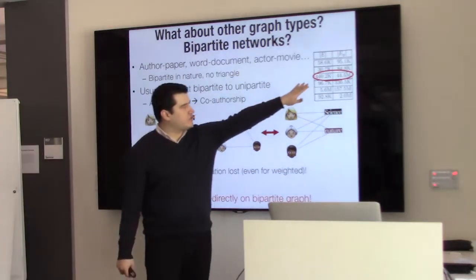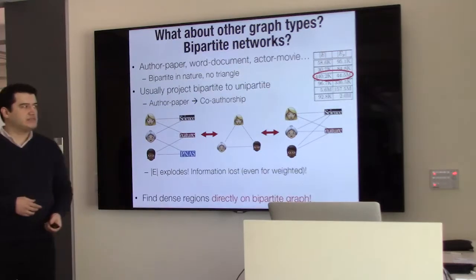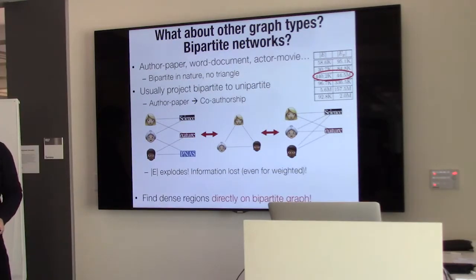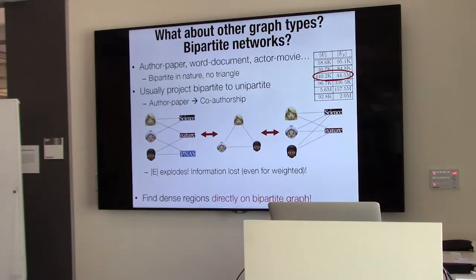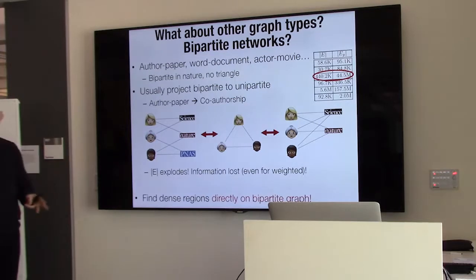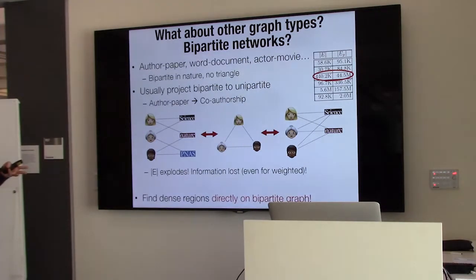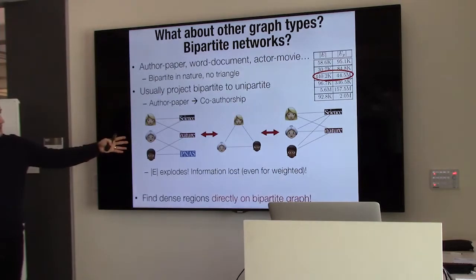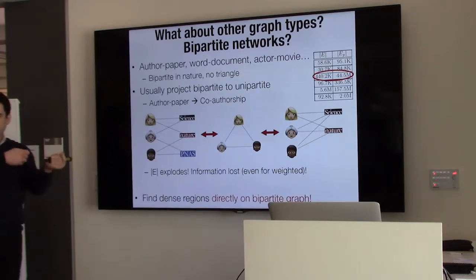This is the raw bipartite graph, and this is the projection. It can definitely increase from 500,000 to 44 million easily. And the other thing is you lose information, even in the weighted model. So it's a very simple thing. If there are 3 authors publishing different papers together, you can find 2 different bipartite graphs that project to the same thing.